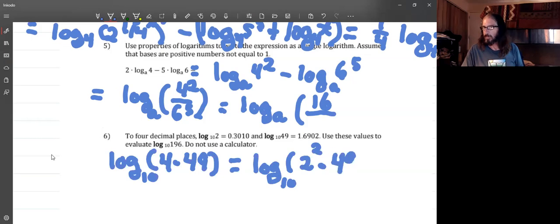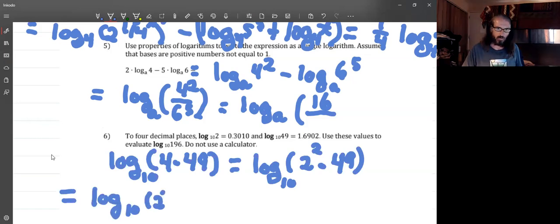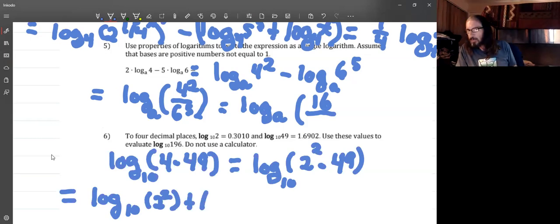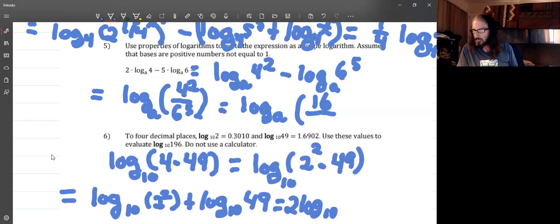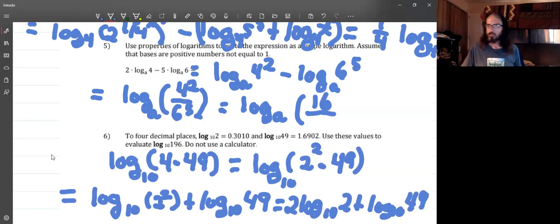Then this is back to splitting it up. So for simple operations, split the product as addition of separate logs to get this.